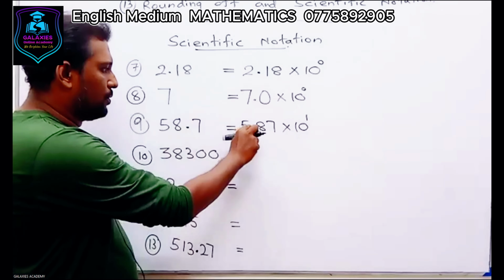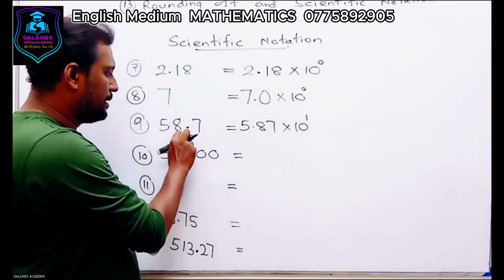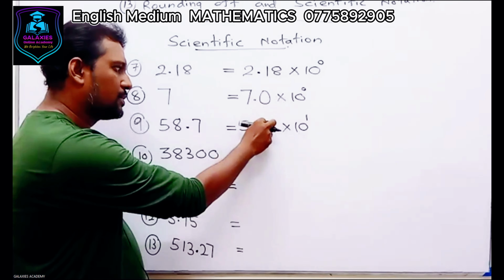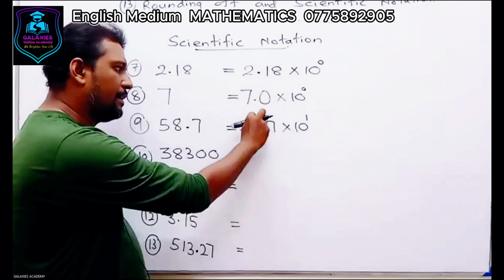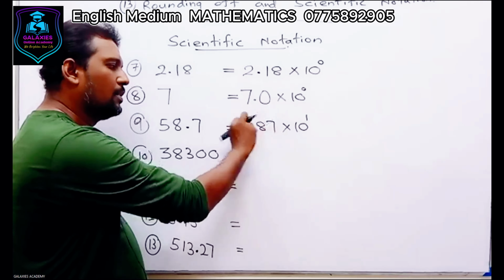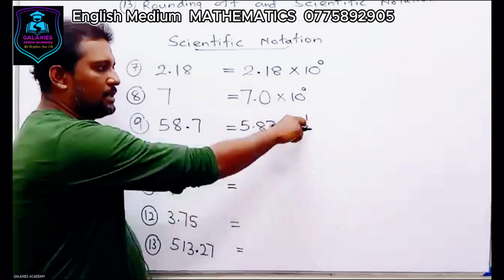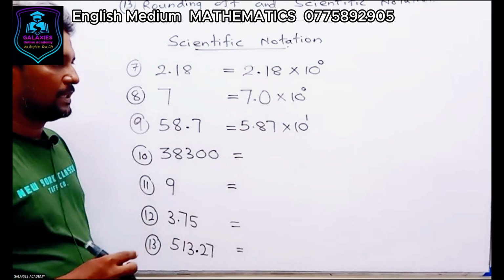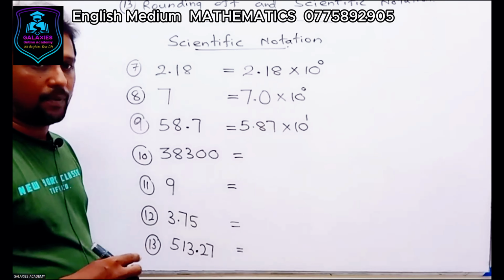We have to take the decimal point between 8 and 7, no? Then we take this position. That means you move one place in the positive direction. So the index of the power should be 10 to the power 1.